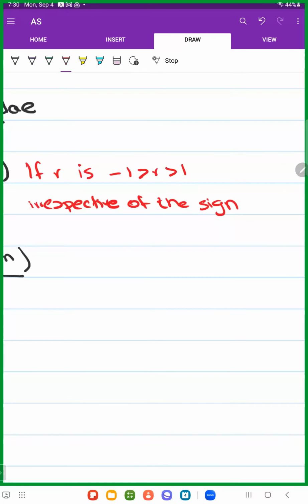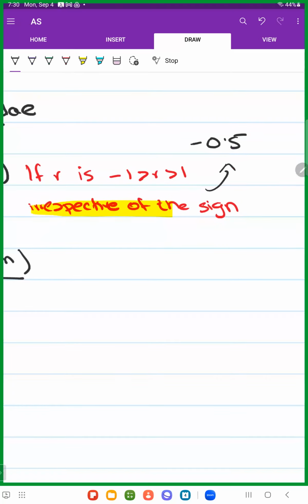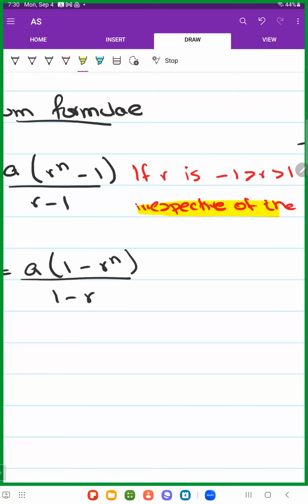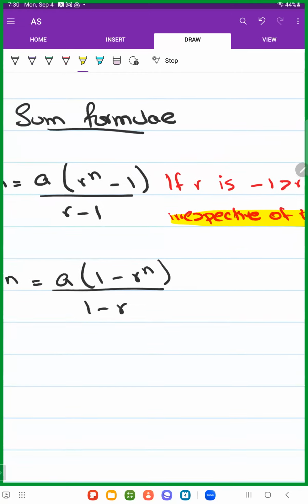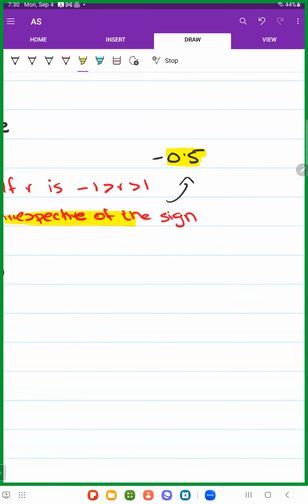So what does irrespective of the sign mean? It means, for example, my R is minus 0.5. I will not look at the sign. I will just see the number. Is 0.5 between 1 and minus 1? Yes. So I will use the first formula. Okay. I will not look at the sign.